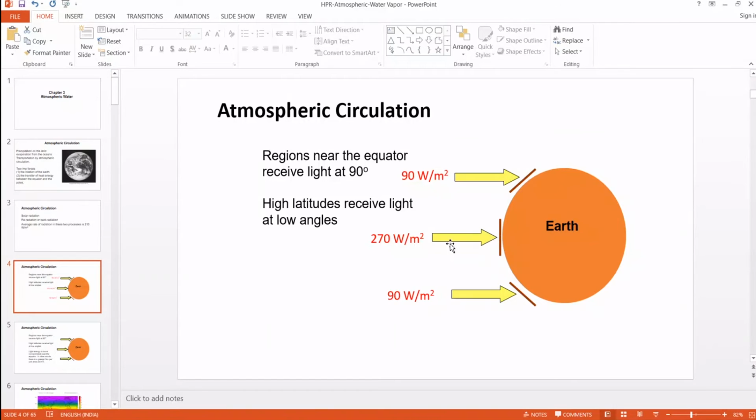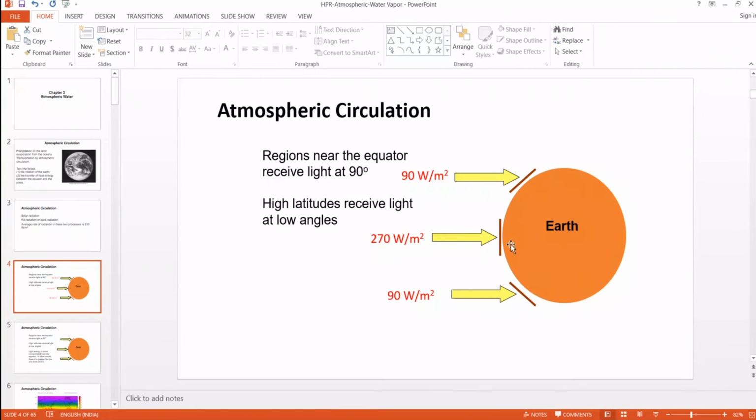So at 90 degrees, the sun rays hit the equator, and as the latitude increases, these sun rays hit at an oblique angle. But we know that when these sun rays hit at 90 degrees, maximum energy is transferred to the earth, but when they hit the earth at an oblique angle, a small amount of energy is transferred.